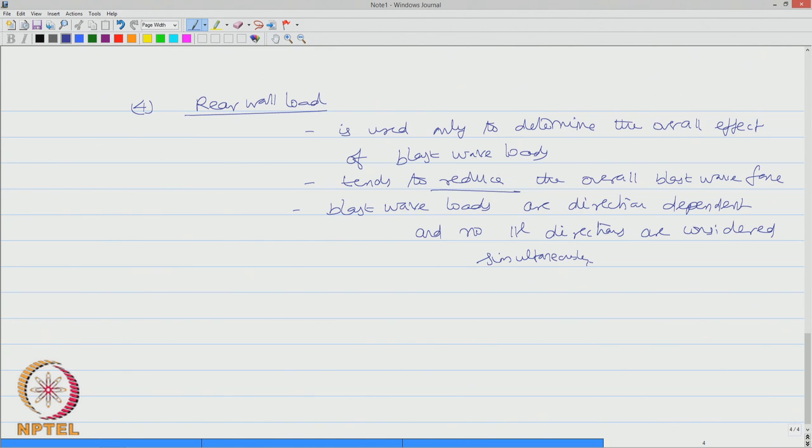In that case, we agree that loads on rear walls are generally neglected in the design blast wave loads.